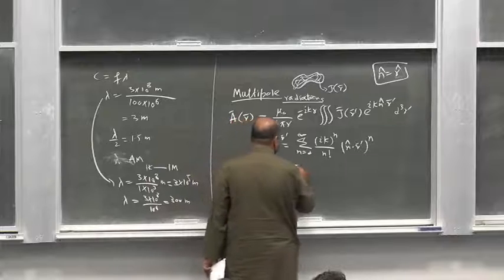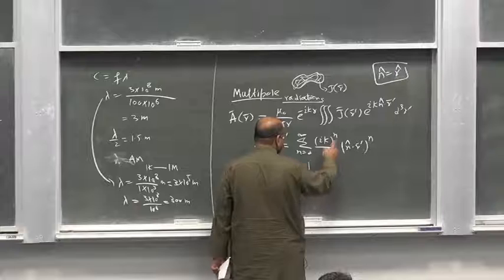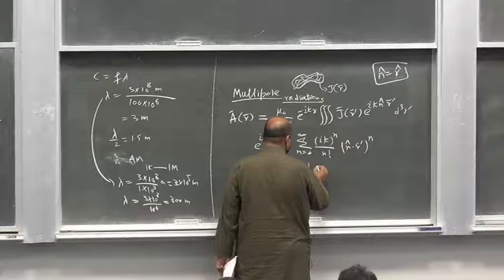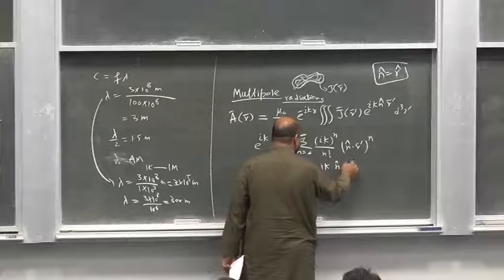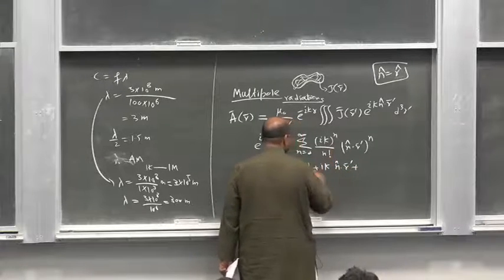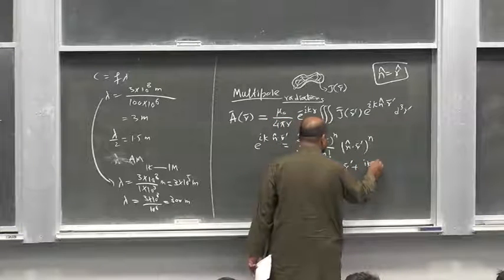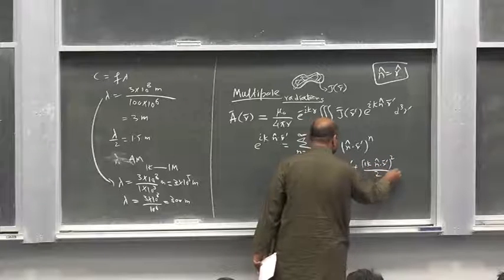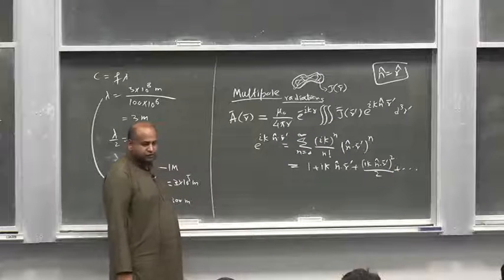If I open it, the n equals 0 term would be 1. For n equals 1, this becomes plus iota k n hat dot r. For n equals 2, this becomes iota k squared over 2, and so on. So this is the series.